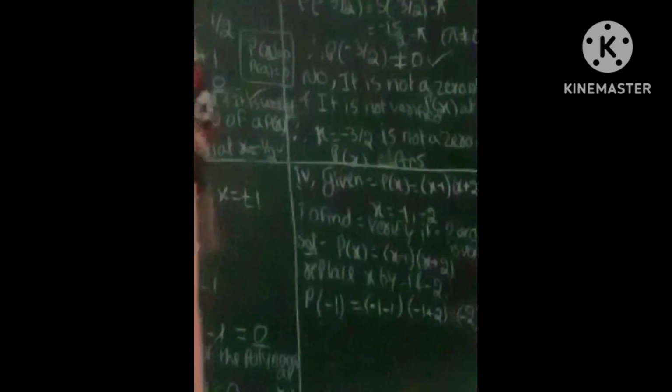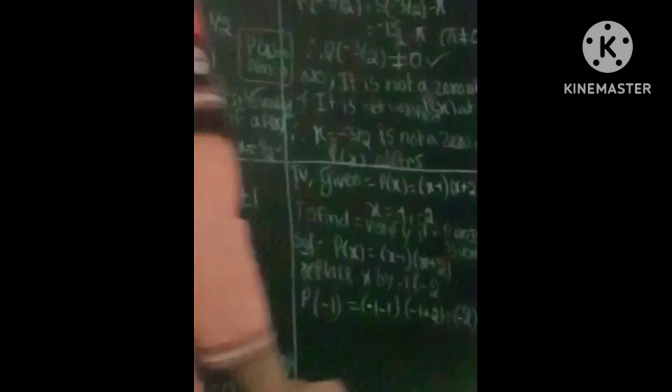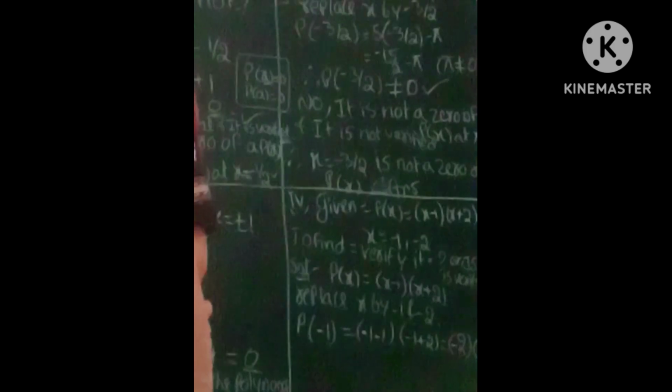Minus 1 minus 1 is minus 2, and minus 1 plus 2 is 1. So minus 2 into 1 is minus 2. Is it a zero of the polynomial? No, because the resulting value is not 0.